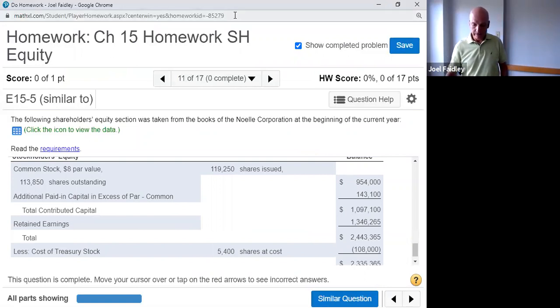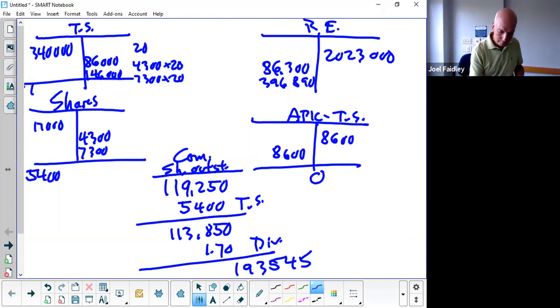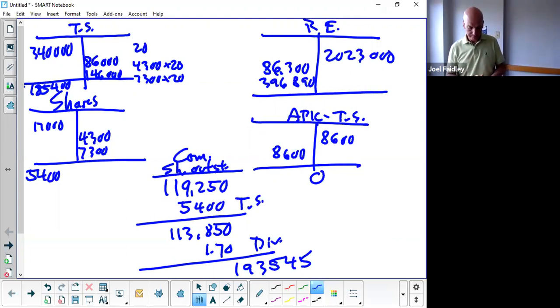Well, if we go back over here and add up all of these accounts, treasury stock is going to be $185,400. What's my retained earnings going to be? Well, I didn't put my dividends in there, did I? 193,545.